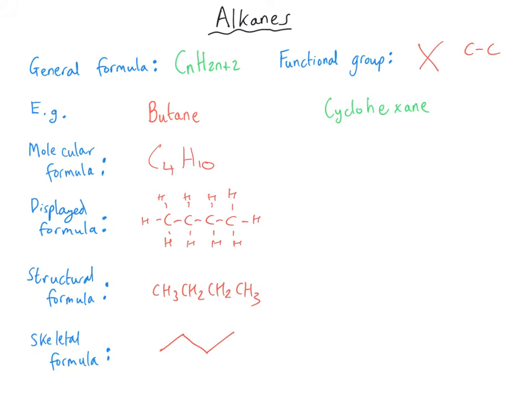Now cyclohexane is also an alkane, but it's a bit different because of that cyclo bit. As the name suggests, the carbon atoms are all arranged in a ring, not always a circle, but the cyclo bit means a ring structure. The formula of cyclohexane is C6H12, and that means each of these carbon atoms has 2 hydrogen atoms attached to it as we go round.